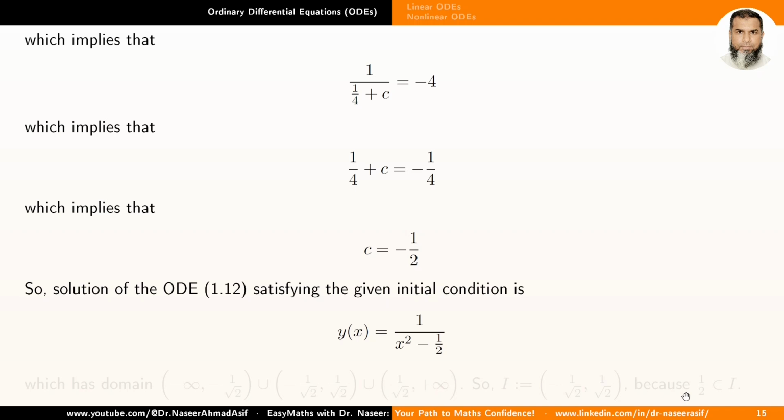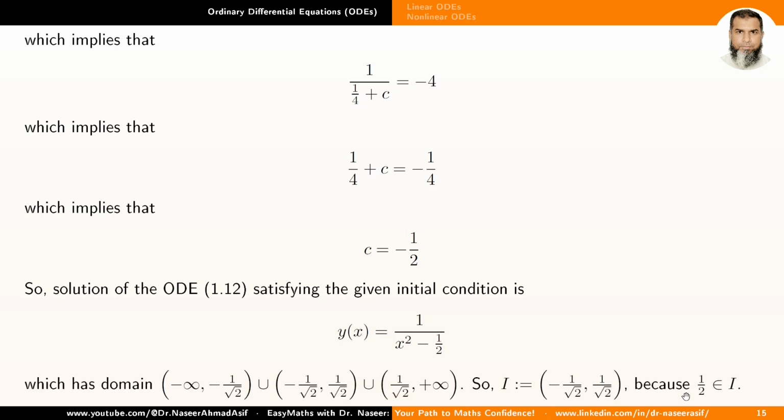So the solution of the ODE 1.12 satisfying the given initial condition is y of x equal to 1 over x square minus 1 by 2. This function has domain minus infinity to minus 1 over square root of 2 open interval union minus 1 over square root of 2 up to 1 over square root of 2 open interval union 1 over square root of 2 up to plus infinity open interval. So I is minus 1 over square root of 2 up to 1 over square root of 2 open interval because 1 by 2 belongs to I.